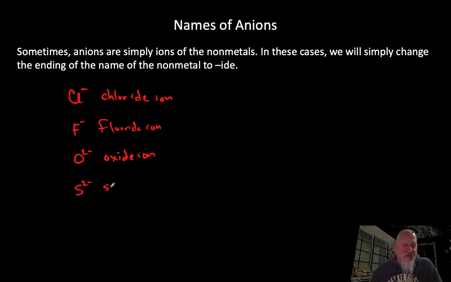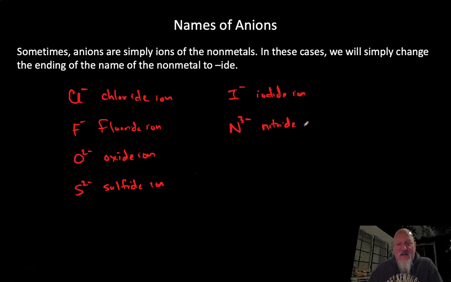S2 minus is called the sulfide ion. I minus is called the iodide ion. N3 minus is called the nitride ion. Okay, so you can see that if we've got just single elements, chlorine, fluorine, oxygen, sulfur, iodine, nitrogen, when they form ions, we're just going to name the ion with IDE at the end.